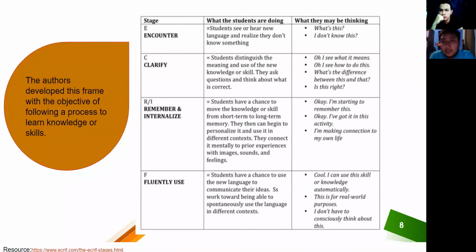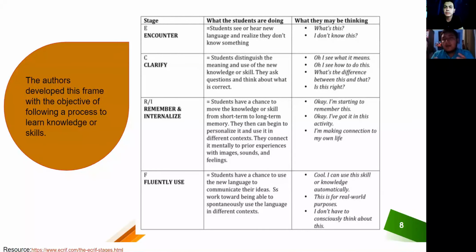In the first stage, which says encounter, the students see or hear new language and realize they don't know something. Pretty much what the students need to realize in this stage is that there is something new, something that they might want to learn during all this process that we will take them through.